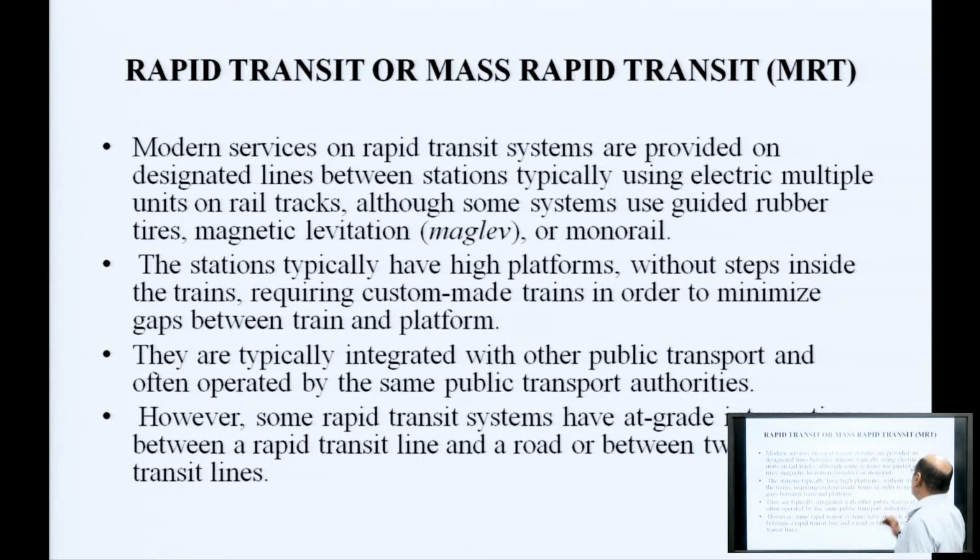Although some systems are guided by rubber tires, magnetic levitation, that is maglev, or monorail. The stations typically have a high platform without a step into the train, requiring custom made trains in order to minimize gaps between the train and the platform.